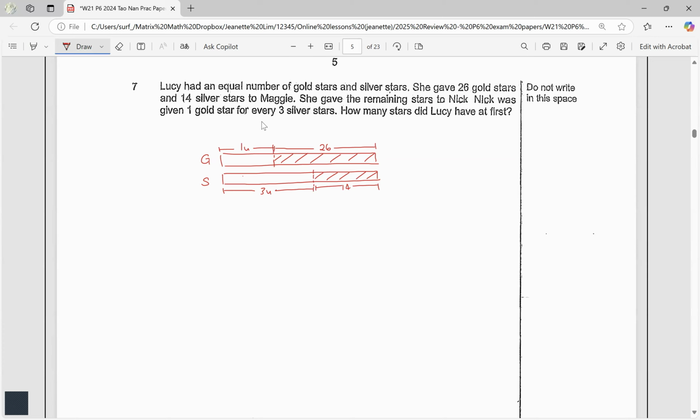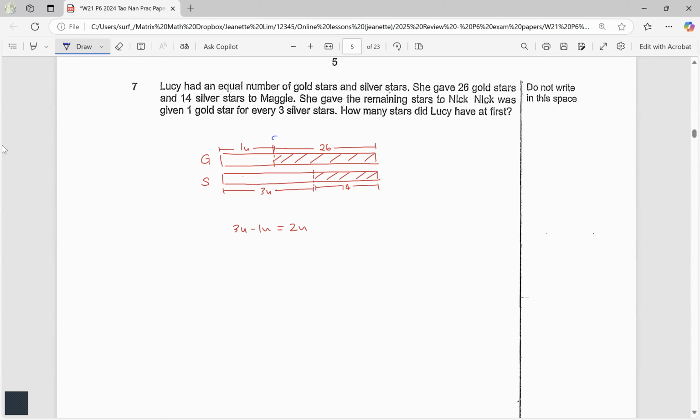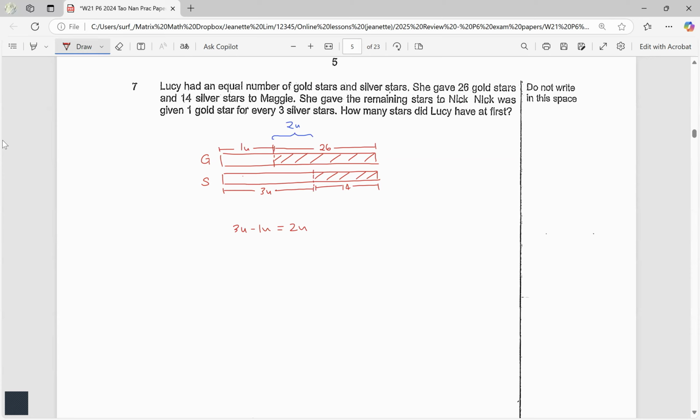So from here, I can find 2 units. Okay, so 3u minus 1u is 2 units. So this is the part here that I'm trying to find. So 2 units will be 26 minus 14, which is 12.